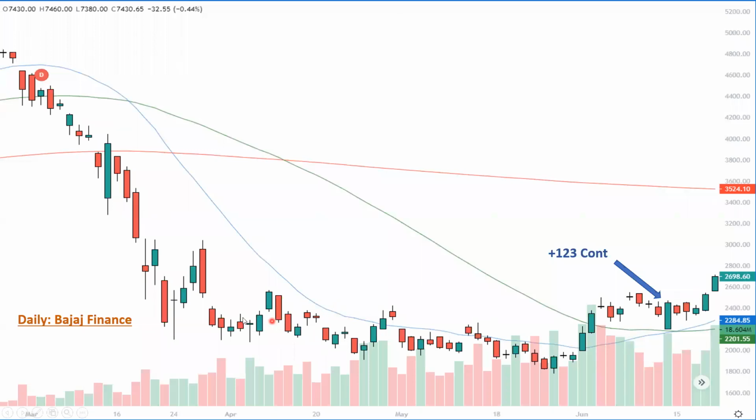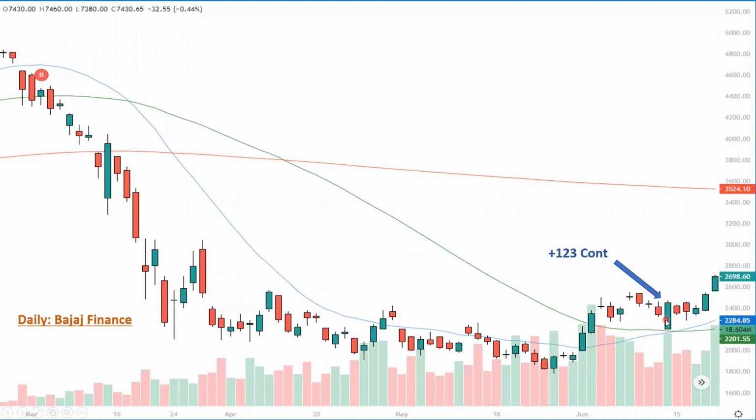It was a multi month consolidation, and then the prices broke out, right? So after this, we have some resting days, and then we have this bar.